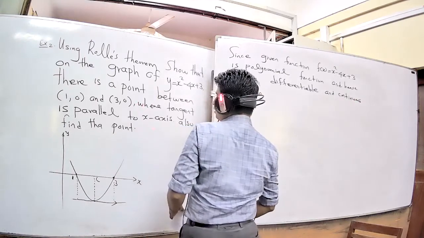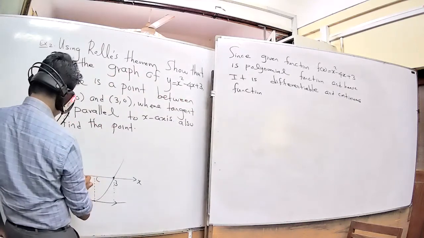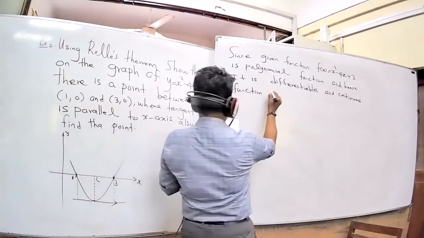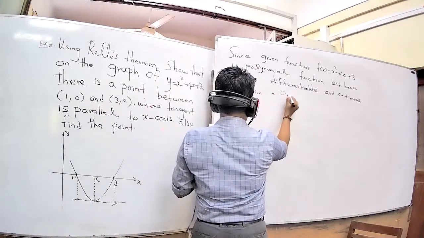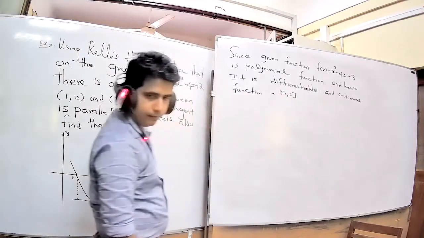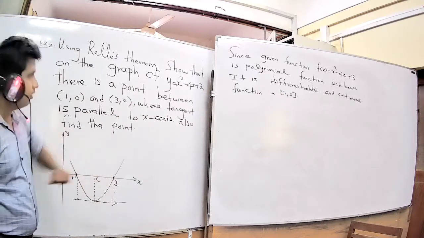In which interval? The interval is 1 to 3, in the closed interval 1, 3.